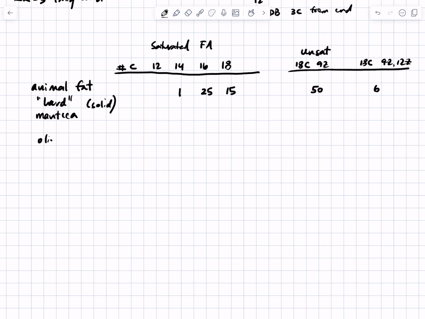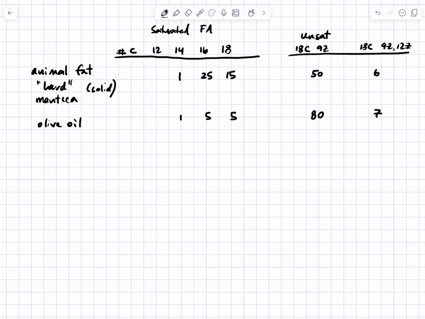Let's look at olive oil. It's now a much smaller composition of saturated fatty acids, about 80% oleic acid, the monounsaturated, and about 7% the diunsaturated. These numbers don't add up to 100 because there are components here that I haven't written down, and that's fine.